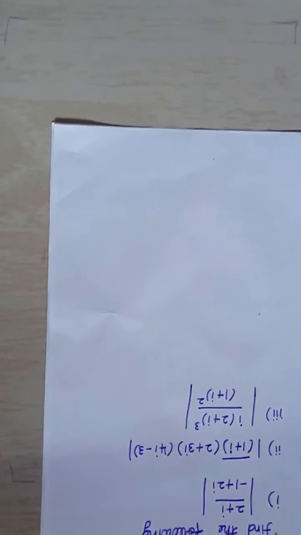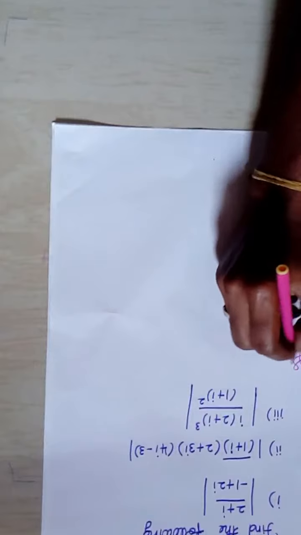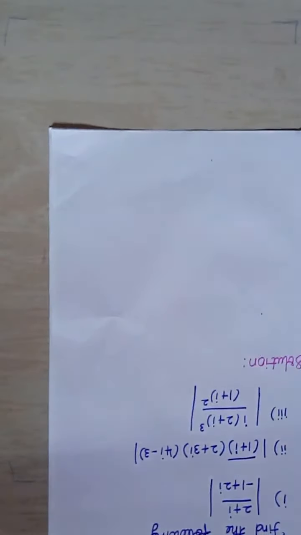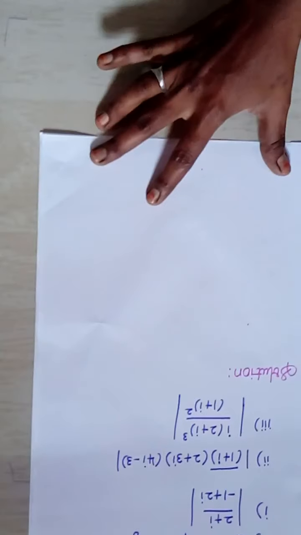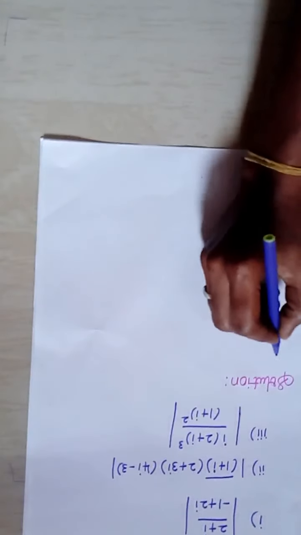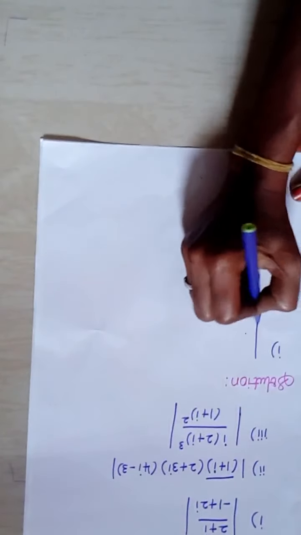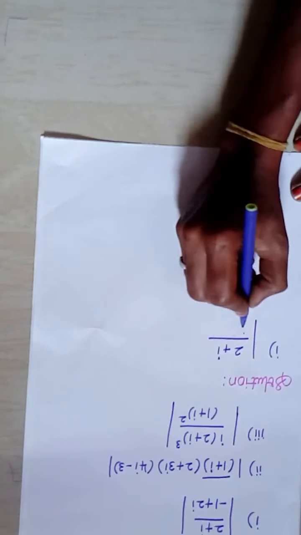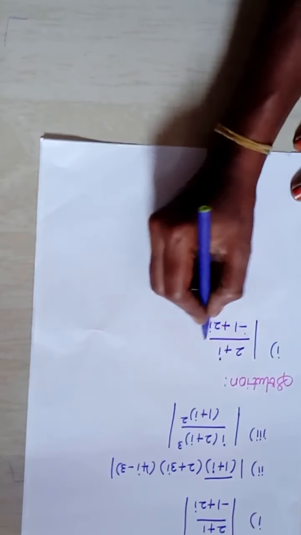Now see the solution. First one. What is the first question? Find the value of modulus of (2 plus i) divided by (minus 1 plus 2i).